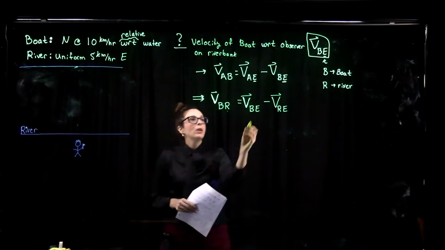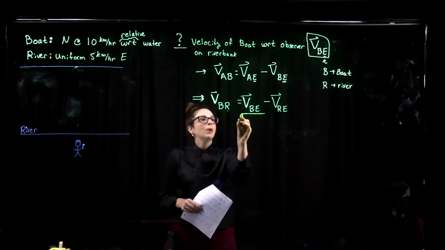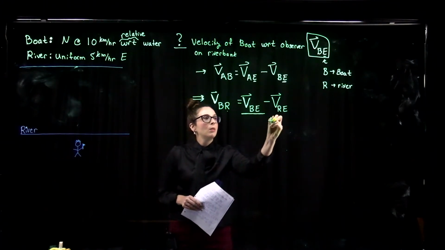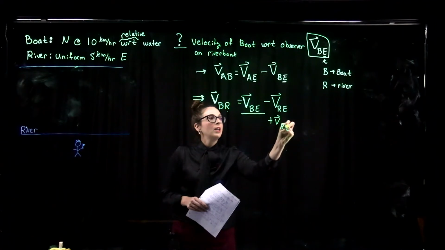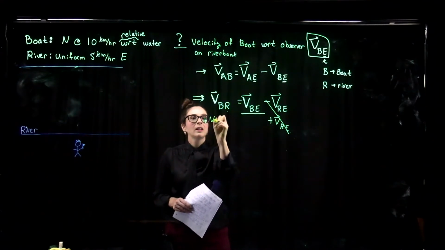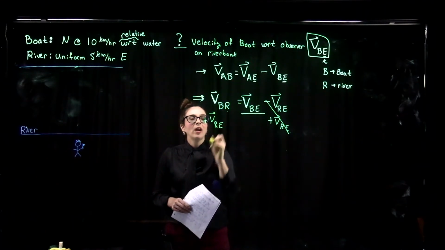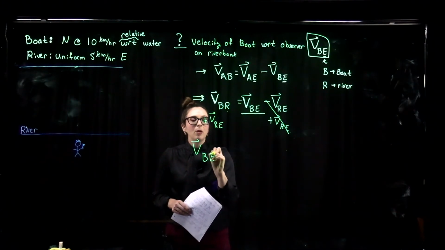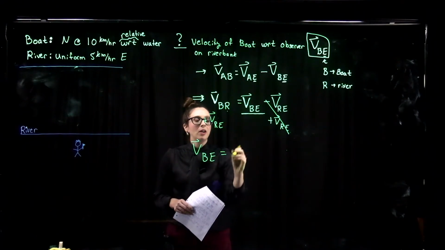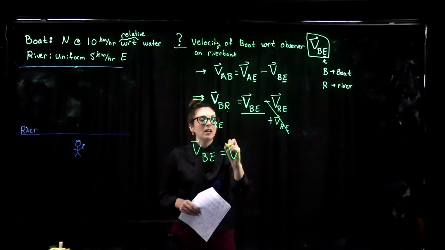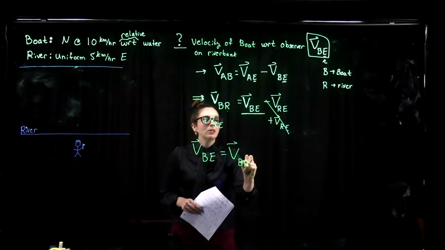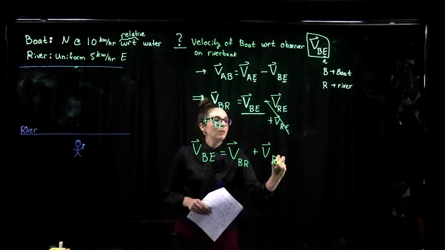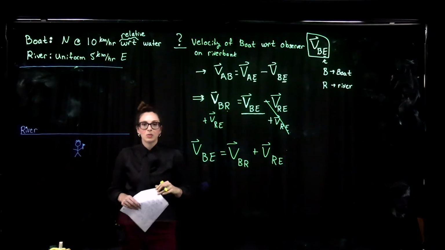Okay, the thing that we want to solve for is the velocity of our boat with respect to the observer. So I'm going to solve this equation by bringing V_RE to the other side. So this becomes a vector addition problem. So then the velocity of our boat with respect to the stationary observer equals the velocity of our boat with respect to the river plus the velocity of our river with respect to the stationary observer here.